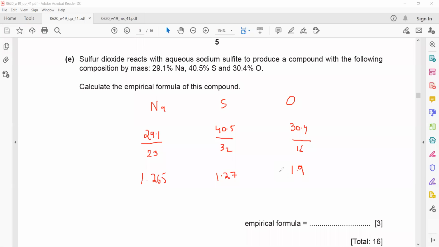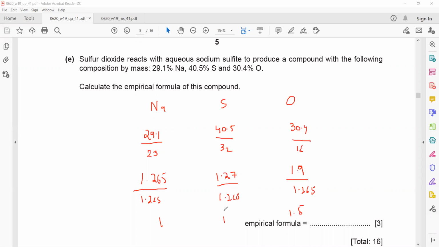Then what we will do, we will divide by the smallest value. Which of them is smallest? 1.265 is the smallest value. So we divide all of them by 1.265. This will be approximately 1.9 divided by 1.265. That's coming out 1.5.